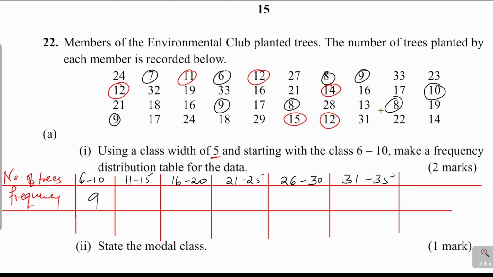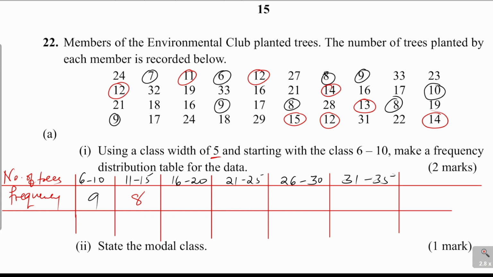Let me confirm whether I've circled all of them. So all of them are there. So let me count them in red. 1 2 3 4 5 6 7 8. There are 8.